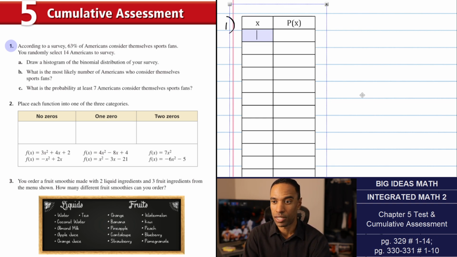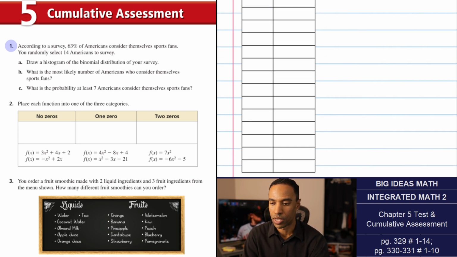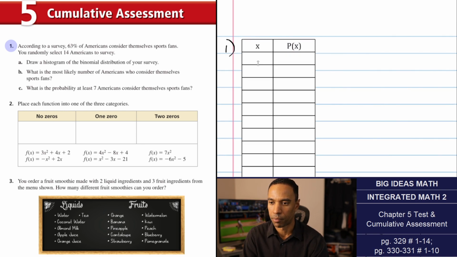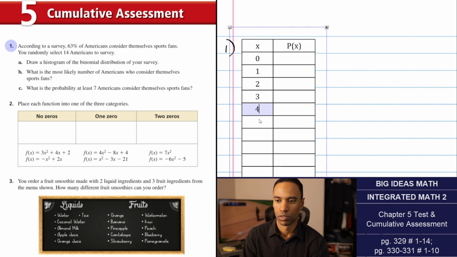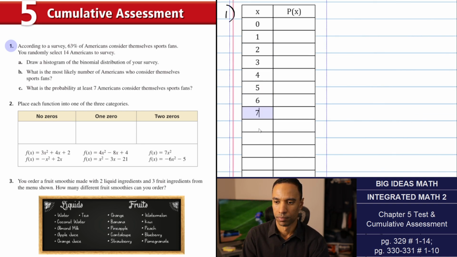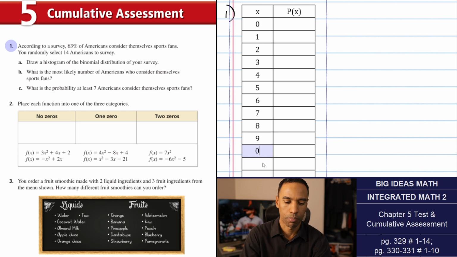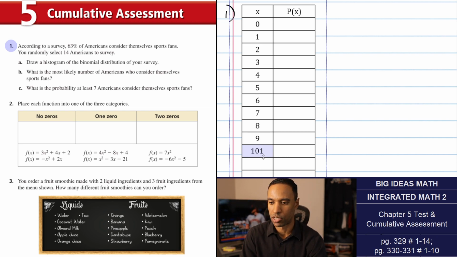Oh, I need one more row because I need 0. Insert row. There we go. All right. 0. The only problem is you're not going to see everything at once with myself in the picture, and I can't really edit it, so it's not going to show me in the picture. So just kind of have some trust here that everything's going to go out the way it's supposed to.